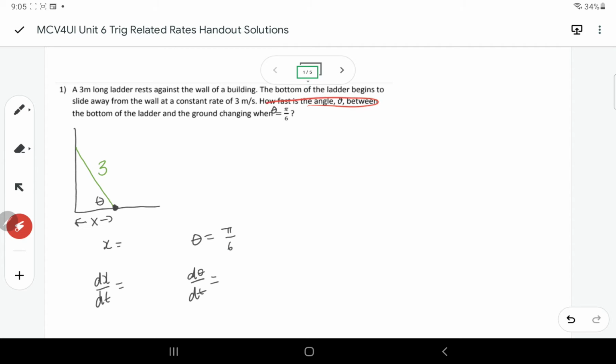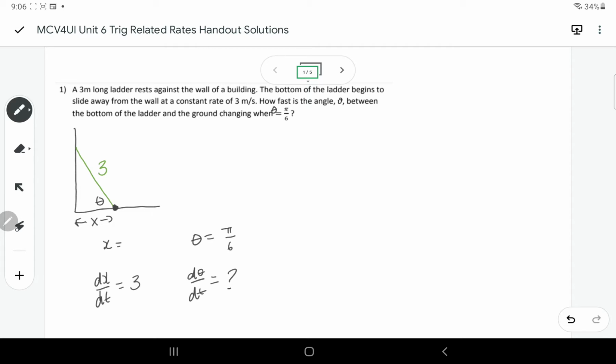How fast is the angle changing? So that's going to be my question mark. dx dt I'm given. It says 3 meters per second. Take a little pause. Think about whether that's going to be a positive or a negative. It's increasing. It's sliding away from the wall. X is getting bigger, so it's a positive rate of change.